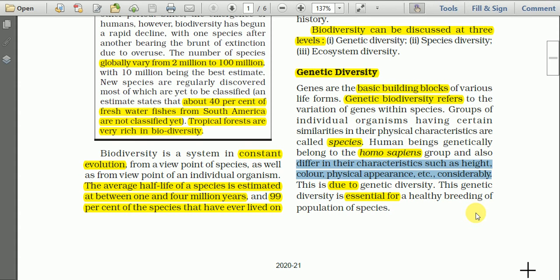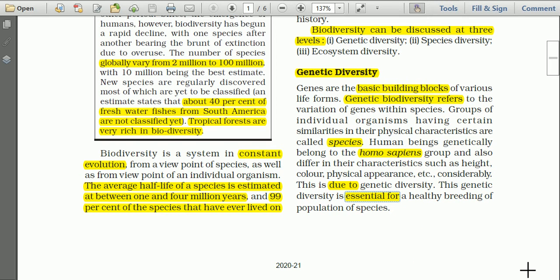This is due to differences in the genes, meaning genetic diversity. And this genetic diversity is essential for a healthy breeding population of a particular species.